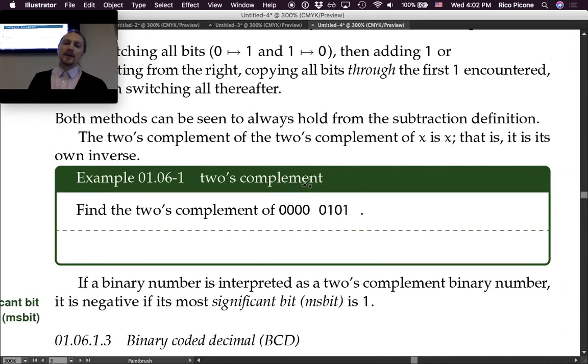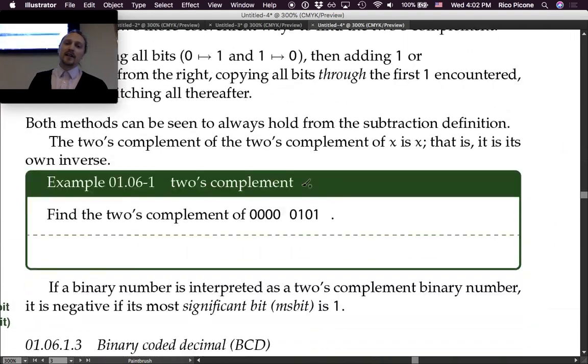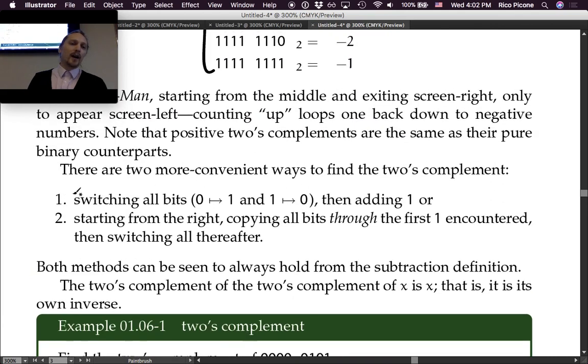But there are 2 ways that are a little bit easier, I think. Way 1 is to switch all the bits. So everything that's a 0 turns into a 1, and everything that's a 1 turns into a 0, and then add 1. And you get the 2's complement.